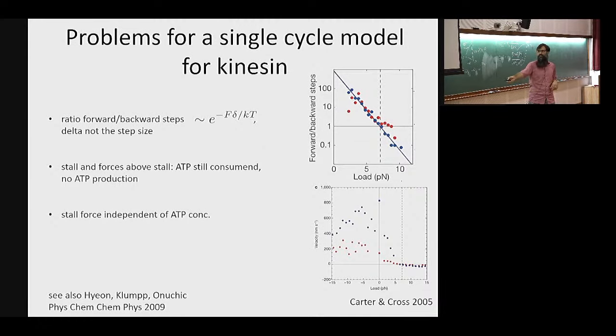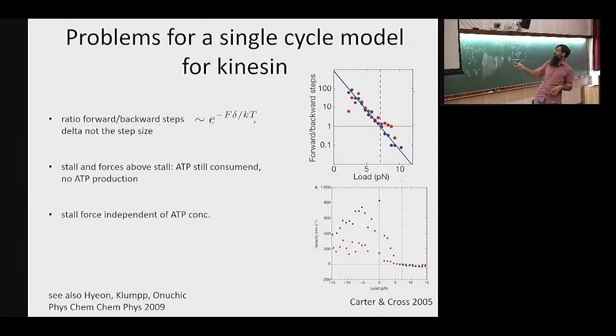So these two energies here have to balance, and that's a strong constraint, which gives, since the chemical potential depends on concentrations, a relation between the force that you need to stop a motor and the concentrations of ATP, for example.